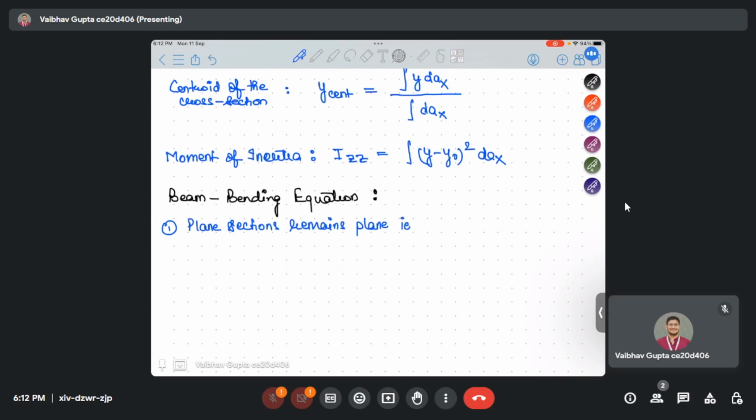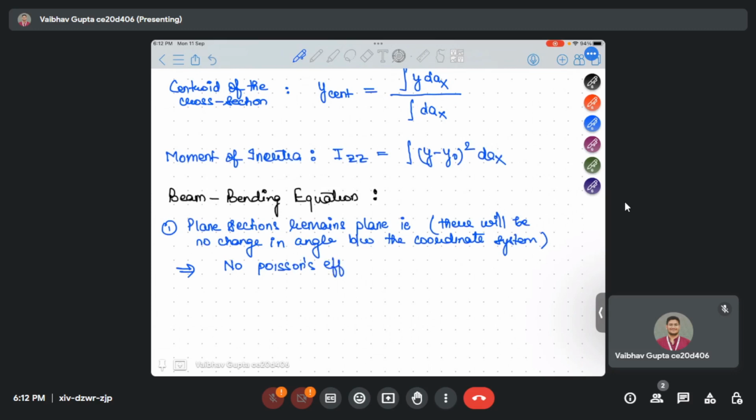That is, there will be no change in angle between the coordinate system before and after bending, which implies no Poisson's effect will be encountered in this case.